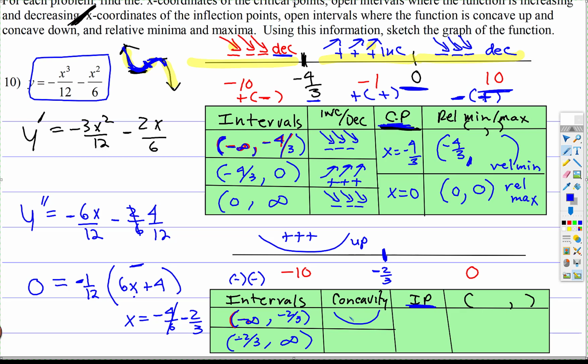So for the concavity, you draw the upward looking parabola with the plus signs, and then I'm going to plug 0 into the second derivative. Well, 6 times 0 is 0. 0 plus 4 is a positive on the inside, but there's still that negative 1/12 on the outside of the parentheses, so that's negative. So it's going to be concave down.